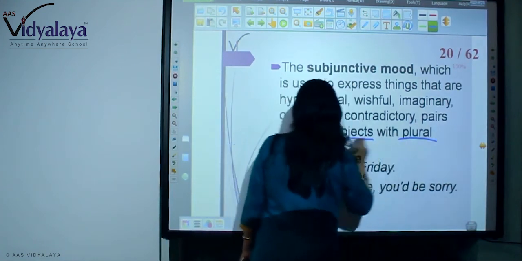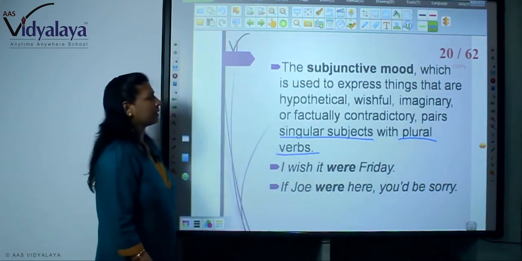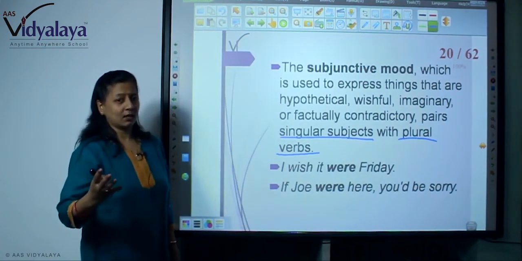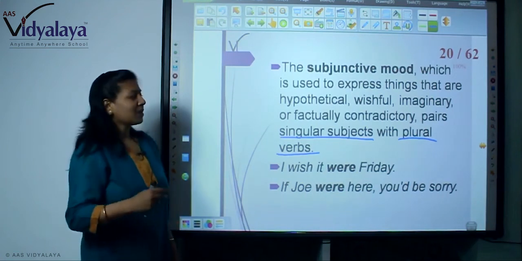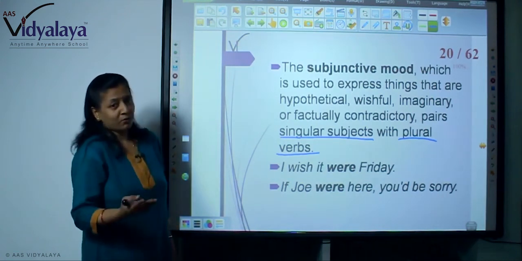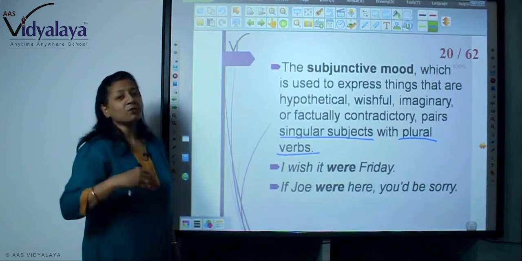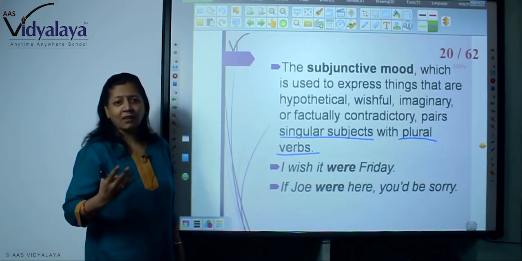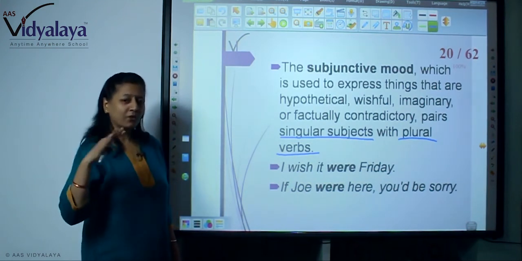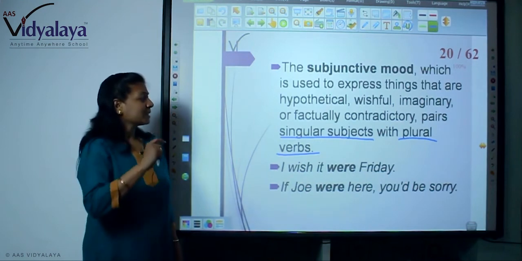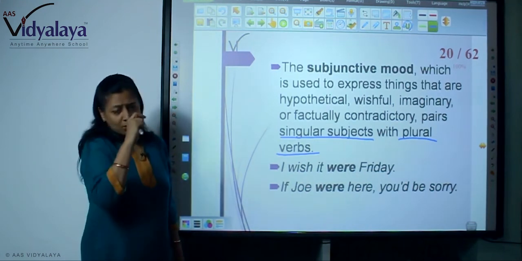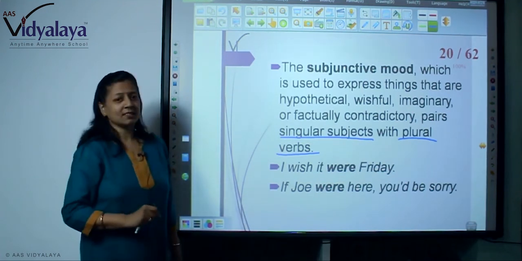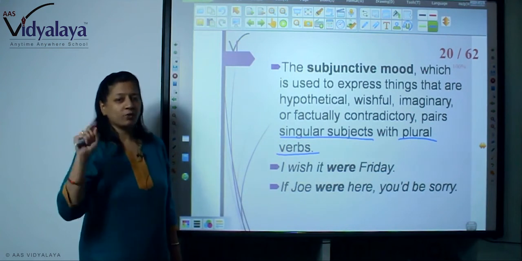Those subjects are singular but verbs are plural. Sometimes we say a hypothetical thing that doesn't happen. Sometimes we wish for something that may or may not be fulfilled. Sometimes we imagine something unreal, beyond reality. Sometimes we say something contradictory to the facts. There, if the subject is singular, the verb is plural.